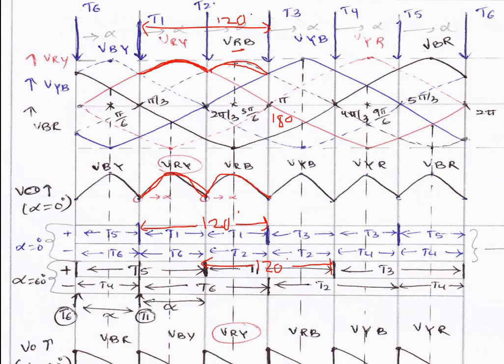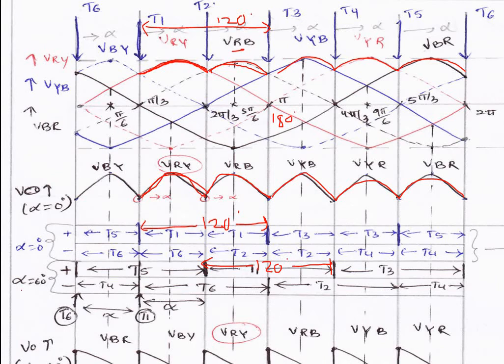In this way the output waveform appears. Again consider the most positive of the upper group, and the same appears as output. So this is your 6-pulse or 3-phase converter for alpha equal to 0.